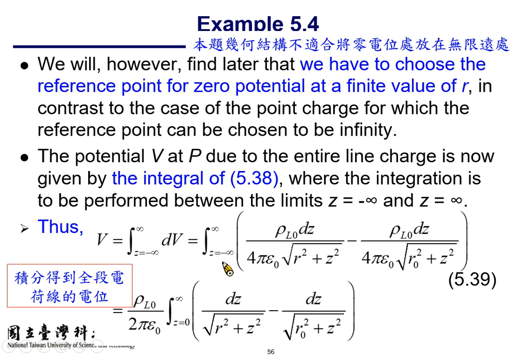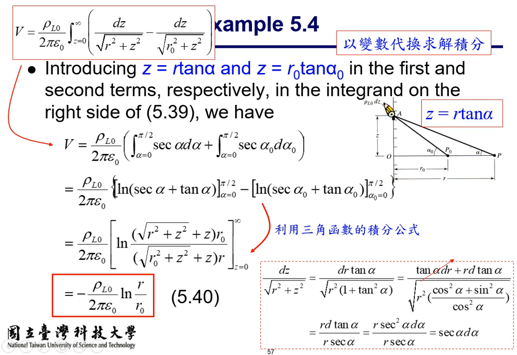Here we integrate from minus infinity to infinity. Because the top and the bottom are symmetric, we change the integration limit to 0 to infinity, and the 2 is taken to the outside.